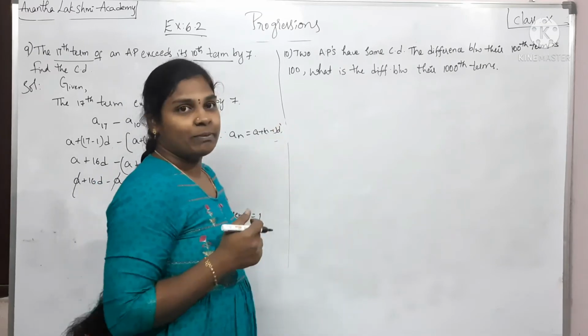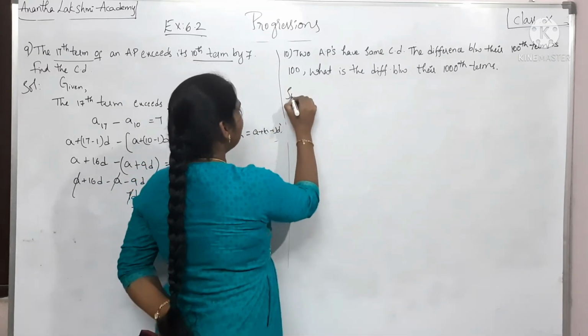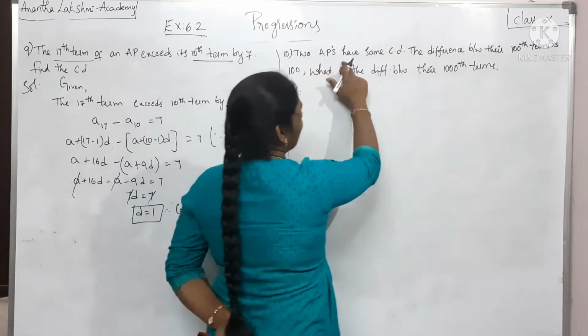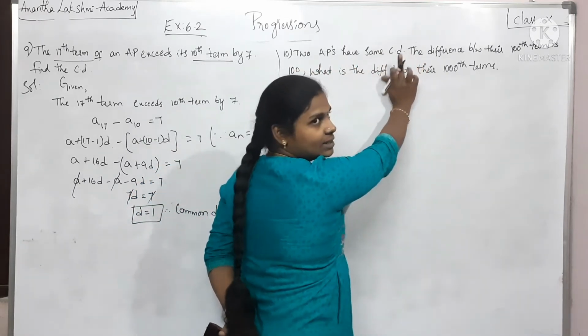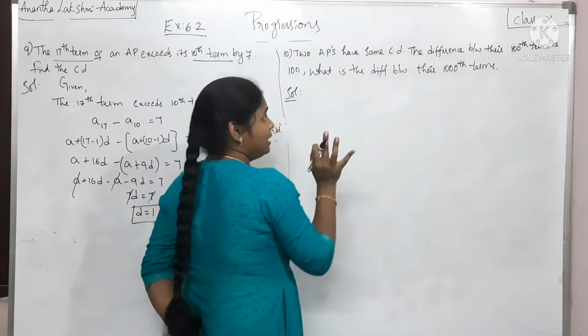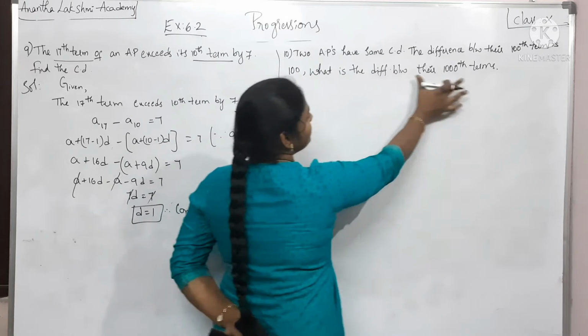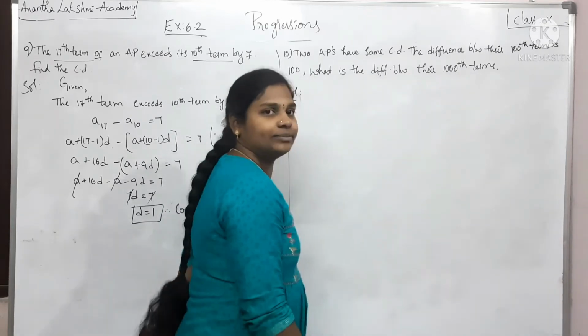Let's look at problem number 10. Let me read it out for you. Two APs have the same common difference. The difference between their 100th terms is 100. What is the difference between their 1000th terms?